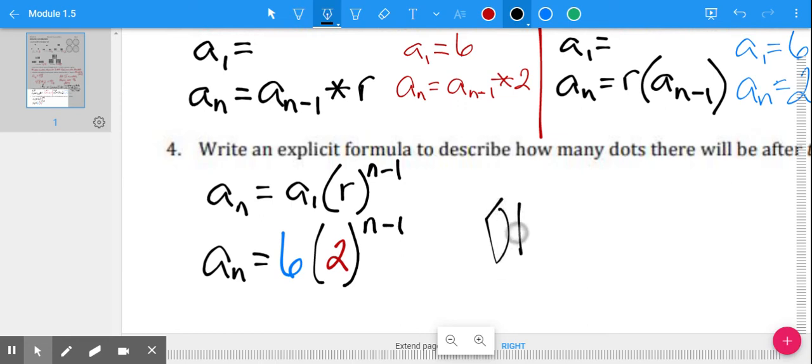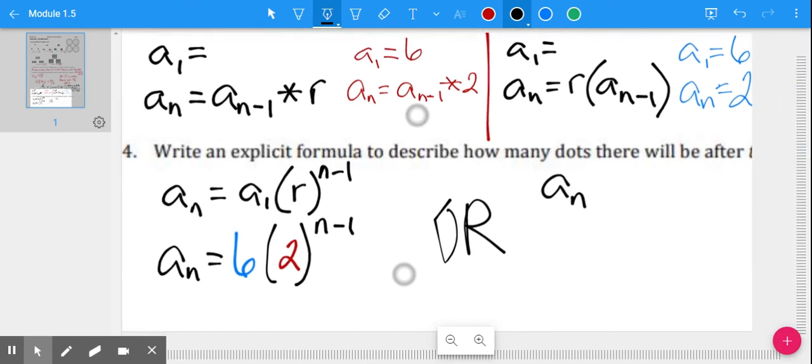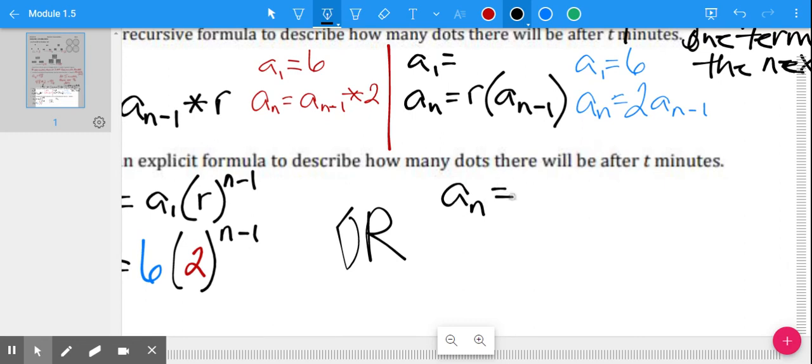Now, sometimes you may also see it this way, so I'm going to put a big or and show you guys the other way. So the second way is written more like an exponential function where you have your a sub 0, which is like your y-intercept, times your ratio, which is like your rate, and just an n in the exponent.